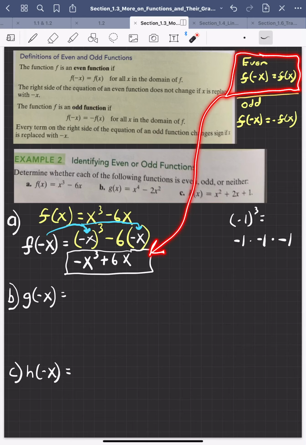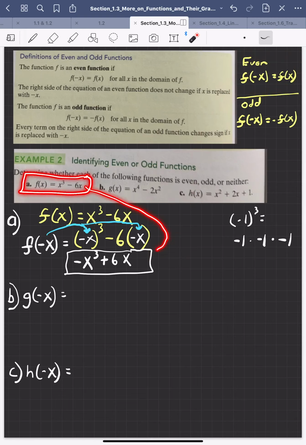If this were even, then when you plug in negative x, you should get back out what you started with. So let me pose the question to you. This is what you started with up here. Does that look like what you started with? No. An even function should look exactly like what you started with, and you don't. So it's not even.